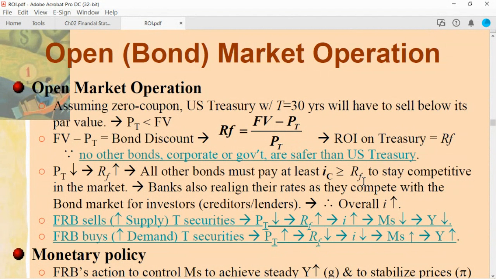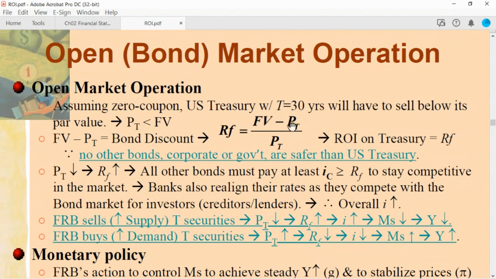And this face value is constant. It's fixed, it doesn't change. Whatever the face value says, they will pay you at maturity that face value.